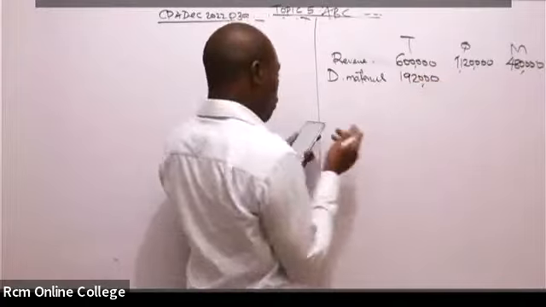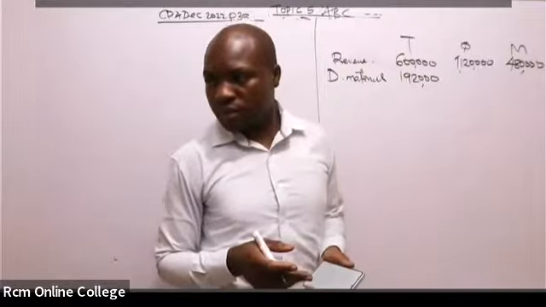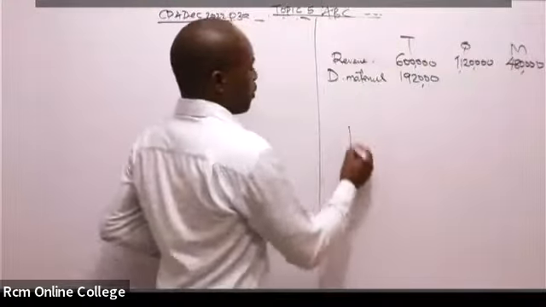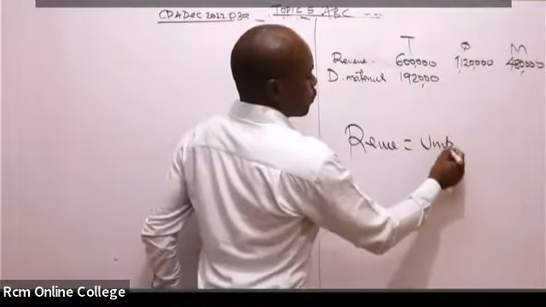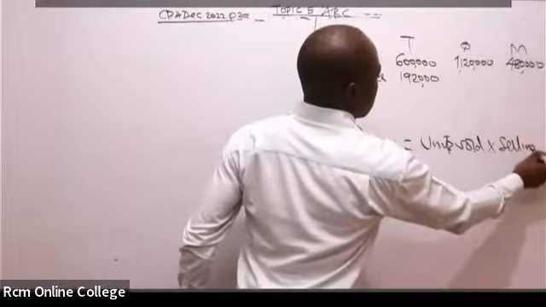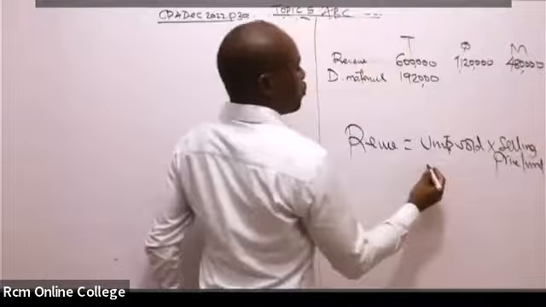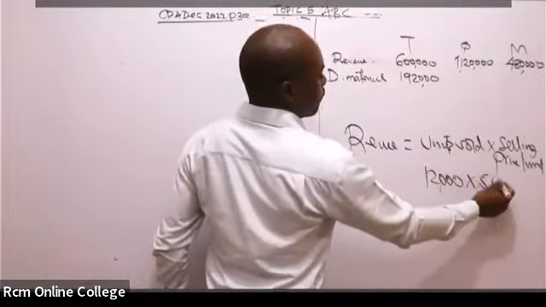The same trend continues. We have 24 by 16,000. Revenue is equal to units sold times selling price per unit. Units sold 12,000, selling price per unit 50.